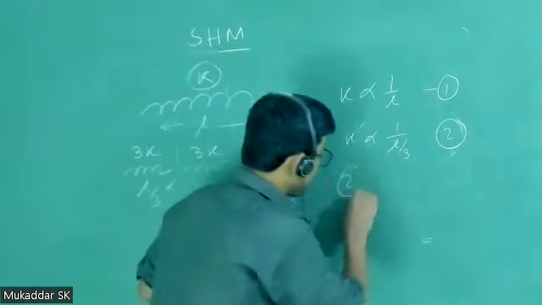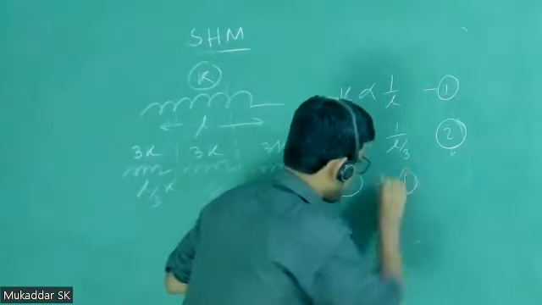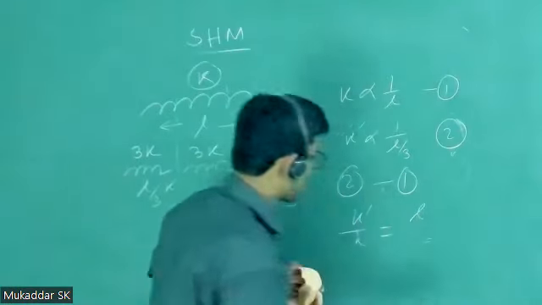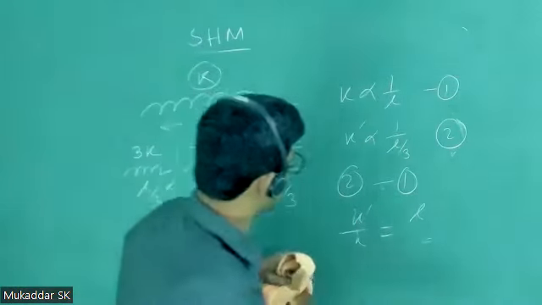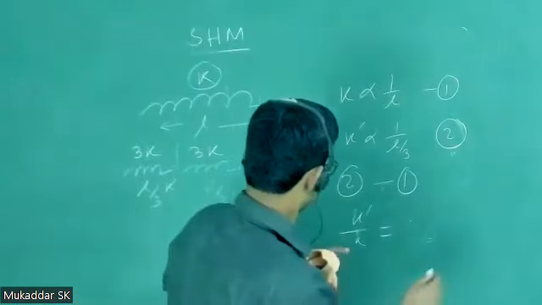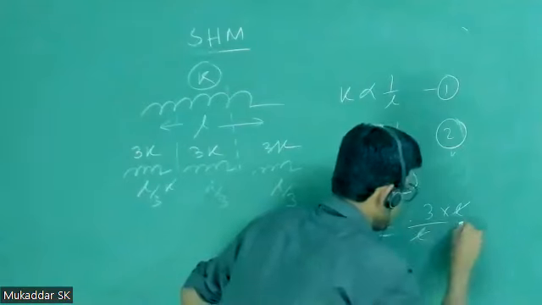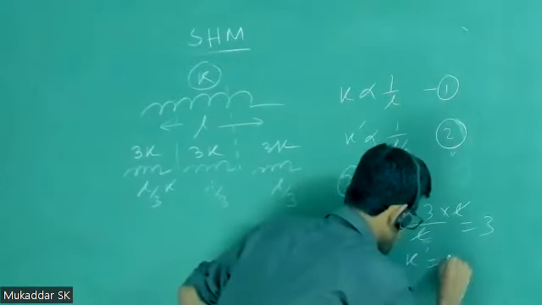Now if you divide equation 2 by 1, how much will you get? K prime by k, that will be 3 by L divided by 1 by L. So that will be 3. So k prime equals 3k.